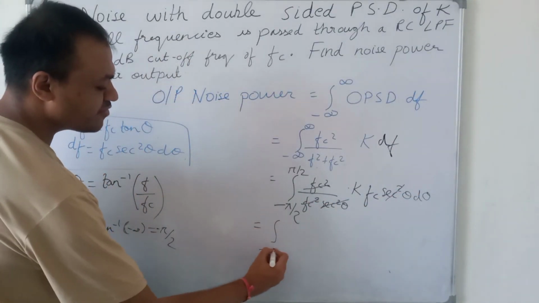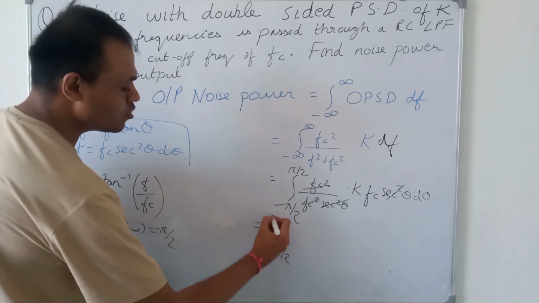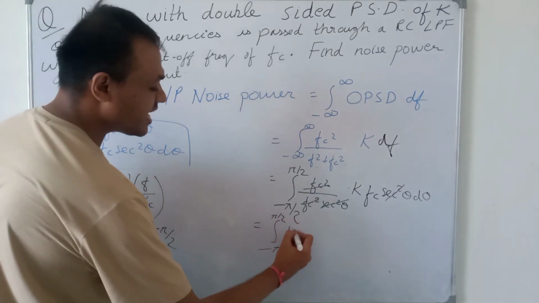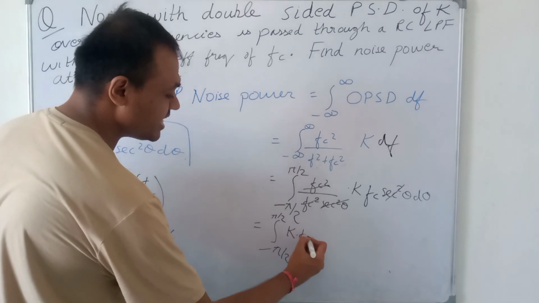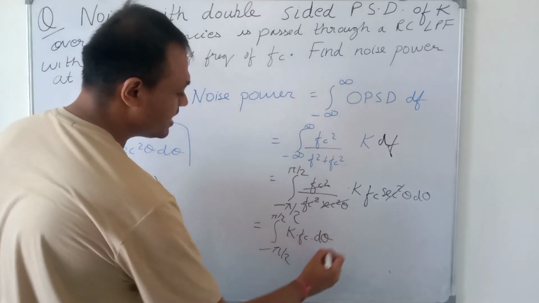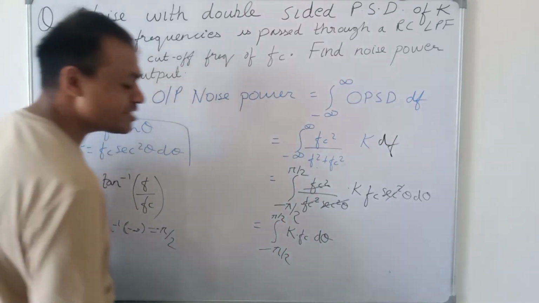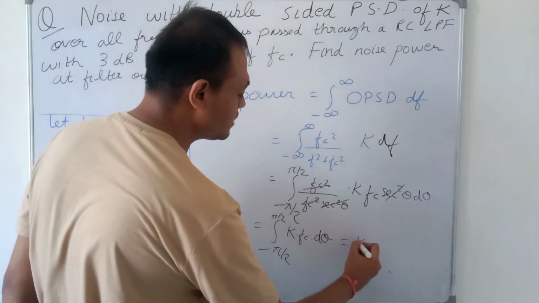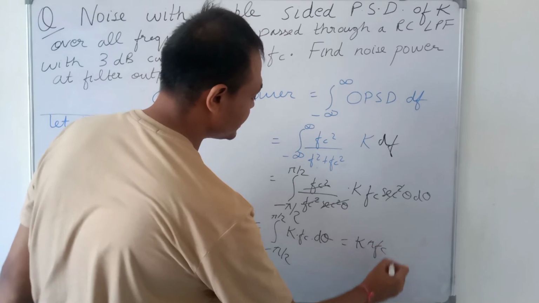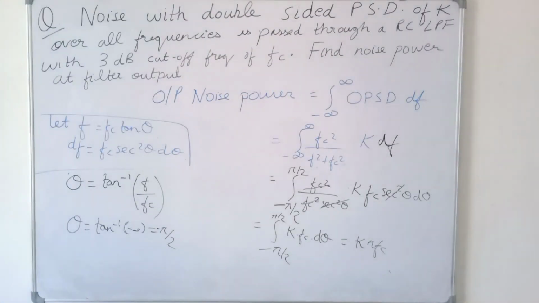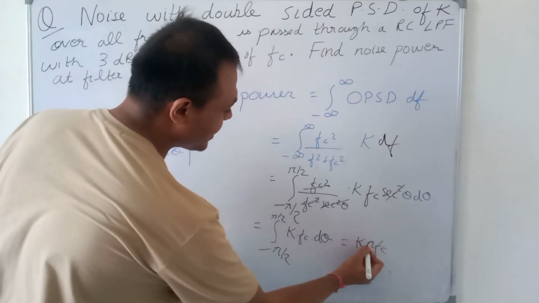So we will get the integral from minus π/2 to plus π/2 of k into fc dθ. The integration of dθ is obviously θ, with limits from minus π/2 to π/2. So this will be equal to k into π into fc. This is the value of the output noise power. It is equal to k π fc.